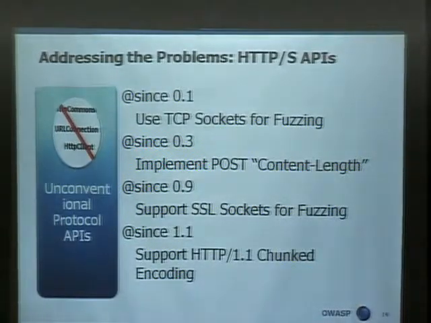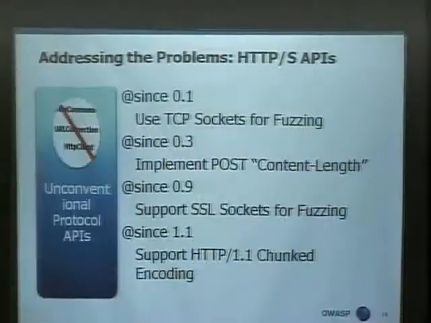You've got to take that into account, otherwise the request doesn't make it to the web server. You also have to look at things like chunked encoding, where you get things back from the server in little blocks or chunks. Again, this is much easier to implement through sockets.